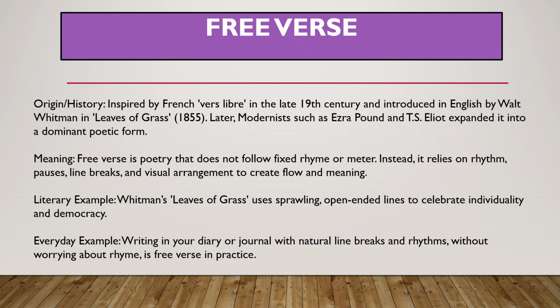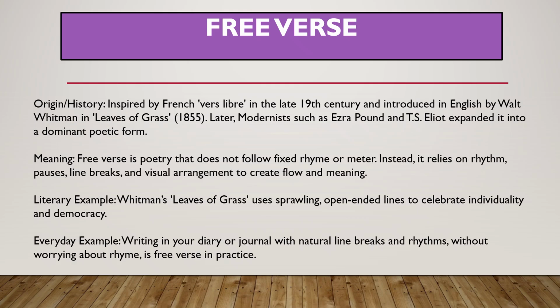But when you reach towards the end of the 19th century, because of the French concept of vers libre, these English writers were also attracted to writing poetry in free verse. That means it did not follow any preset rhyme, rhythm, or meter.